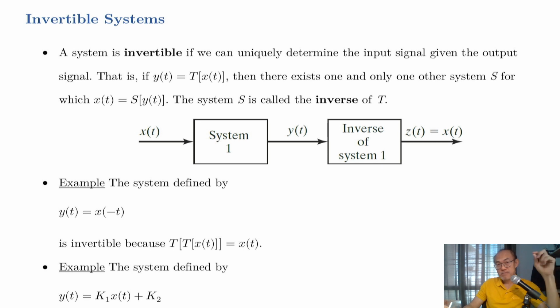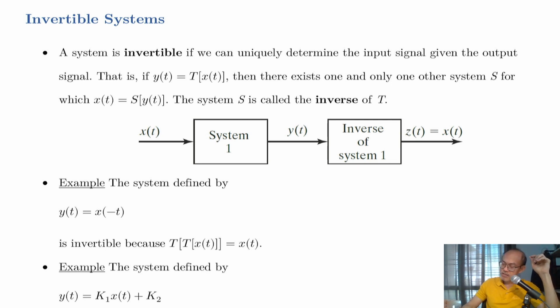But if your system is not invertible, then given some signal y, you cannot uniquely determine the input signal x. So the keyword is uniquely: for any given output signal y, there is one and only one input signal x for the system to be invertible.